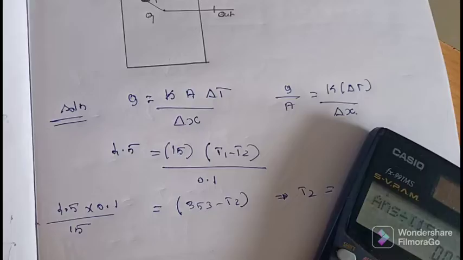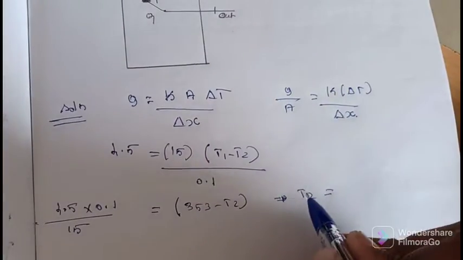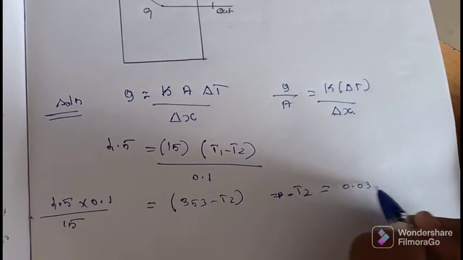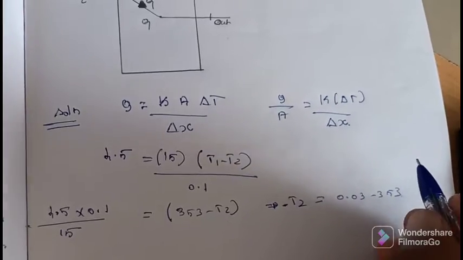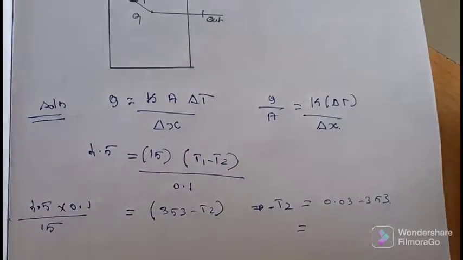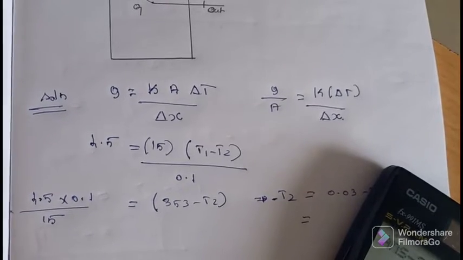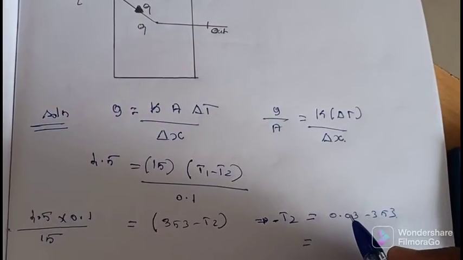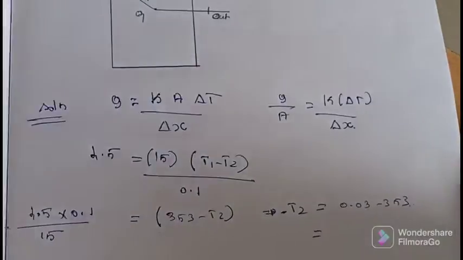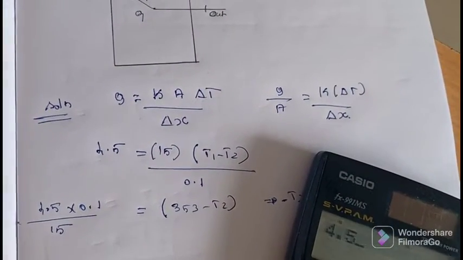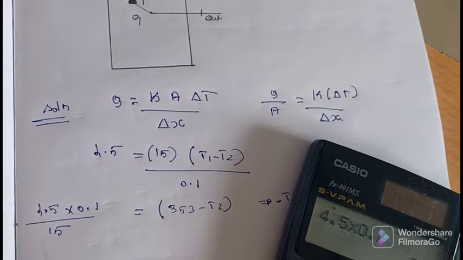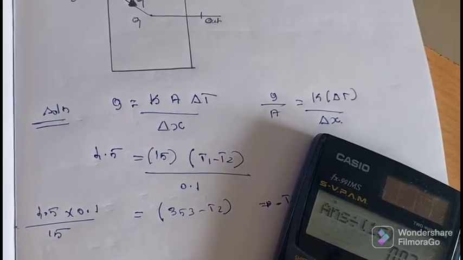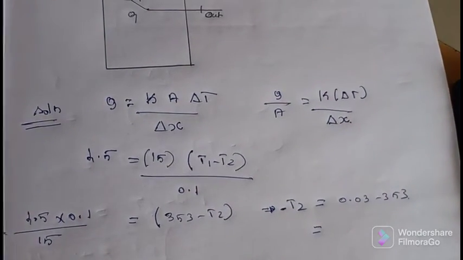This gives 0.03, and T2 is 0.03 minus 353. We calculate the answer and it is coming to nearby values, so we have to check. 0.1 divided by 15, we are getting 0.03.